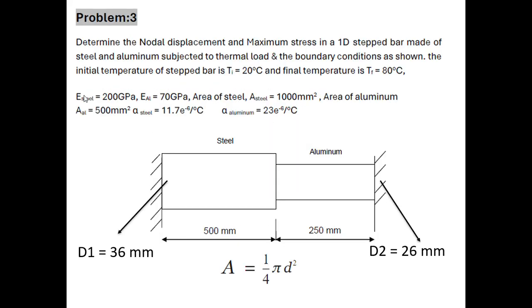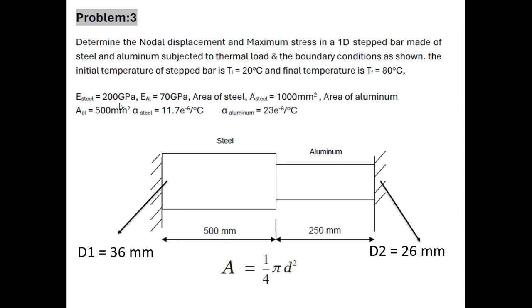This is the problem statement. Determine the nodal displacement and maximum stress in a 1D stepped bar made of steel and aluminum subjected to thermal load and the boundary conditions as shown. The initial temperature of the stepped bar is 20 degrees Celsius and the final temperature is 80 degrees Celsius.